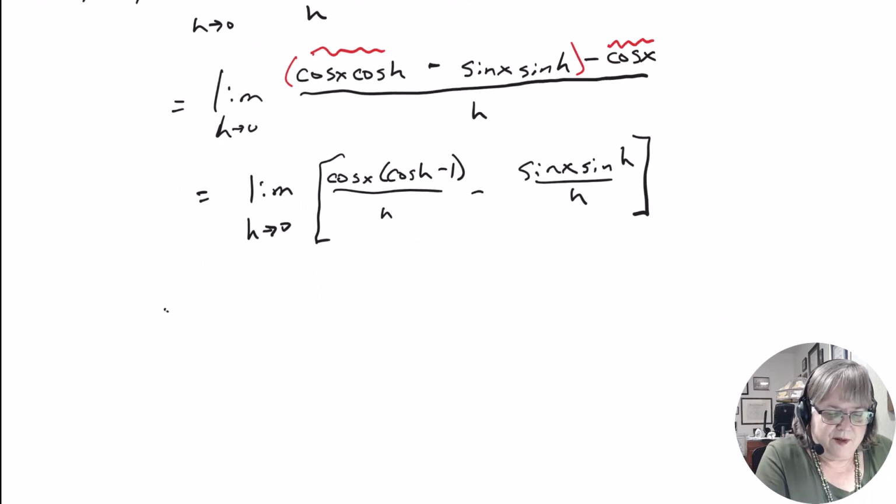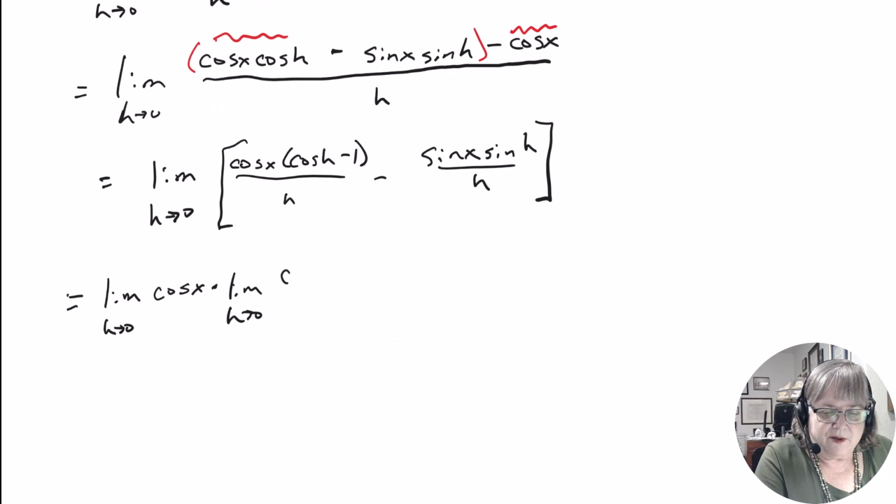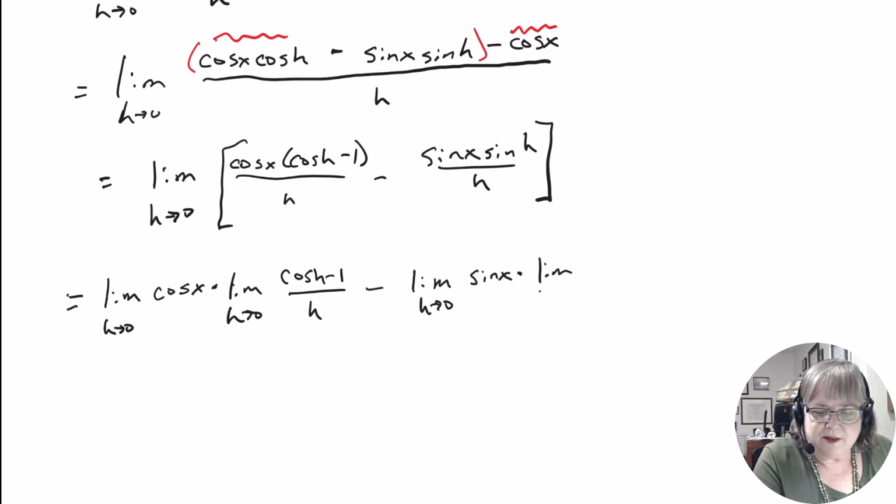Then I'm going to show all my little bits and pieces. So it's the limit as h goes to 0 of cosine x times the limit as h goes to 0 of cosine h minus 1 over h, minus the limit as h goes to 0 of sine x times the limit as h goes to 0 of sine h over h.